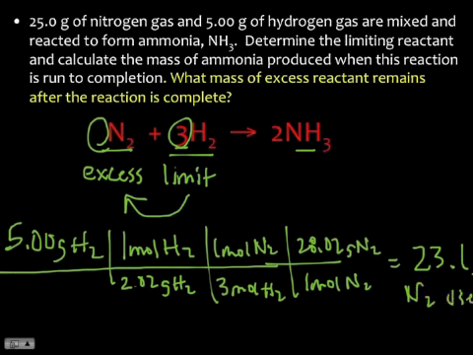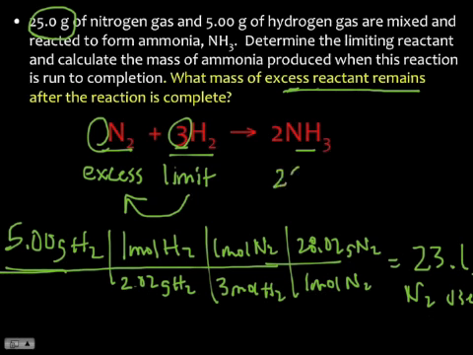So that's what this is telling me: when I start with my 5 grams of hydrogen, I'm going to react 23.1 grams of N2. But what the question is asking is how much of the excess reactant remains. So how much is left? What I have to do is go back and see how much of that I actually started with. I had 25 grams available, and if I want to know how much is left over, I'm going to have to subtract.